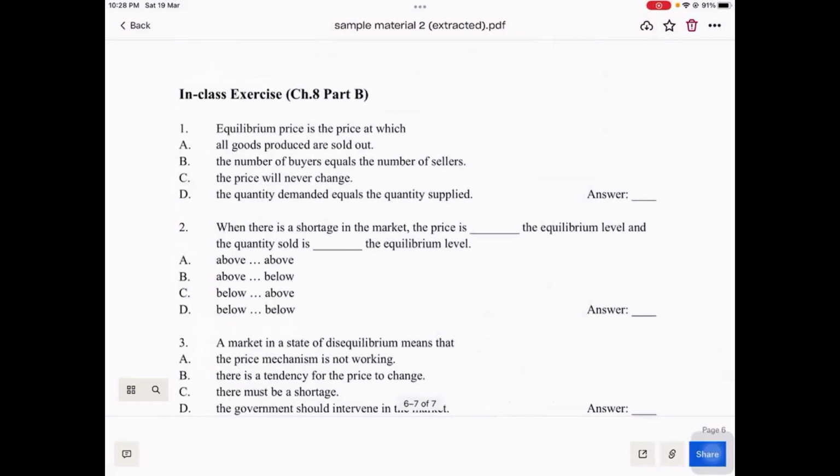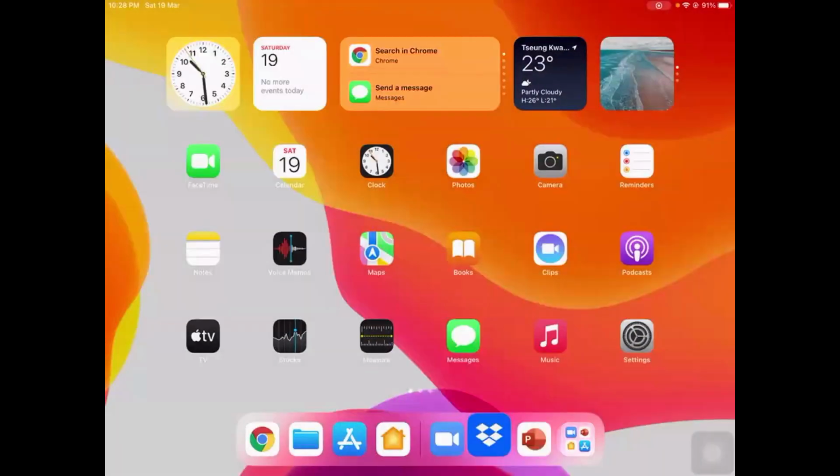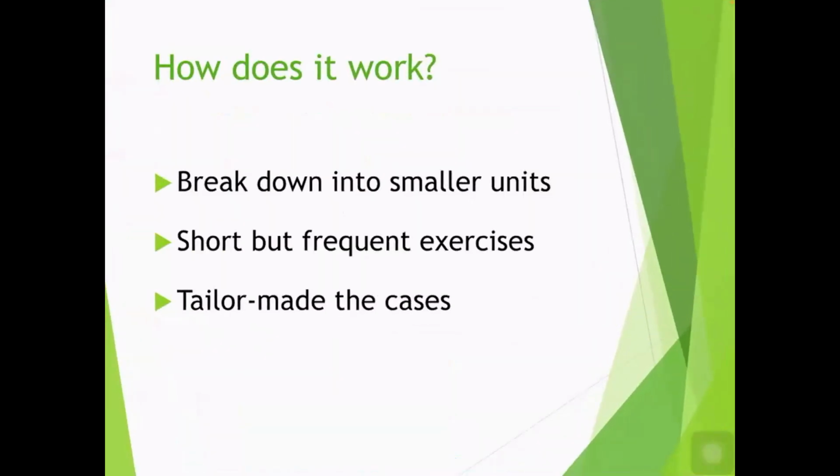I found this method effective to be used on junior grade kids, because this will allow them to have more frequent exercise opportunities, and they will have more opportunities to stop and think whether they have questions or not.